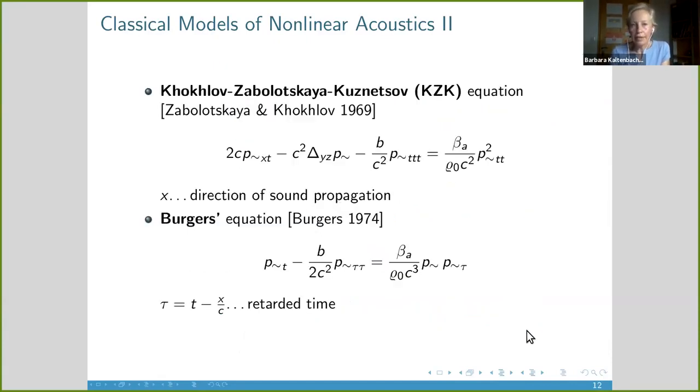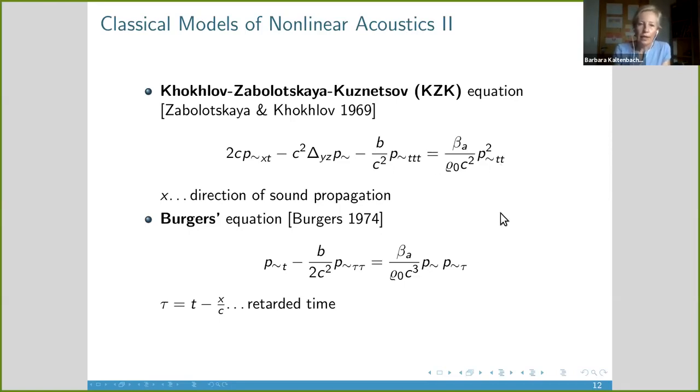So further simplifications are these. First of all, if we assume that there is a preferred direction of sound propagation, in this case the x direction, then one ends up with the KZK equation. So this one here is also sometimes called the parabolic approximation of the Kuznetsov equation or the Westervelt equation. It comes with the Westervelt type quadratic nonlinearity and in pressure formulation.